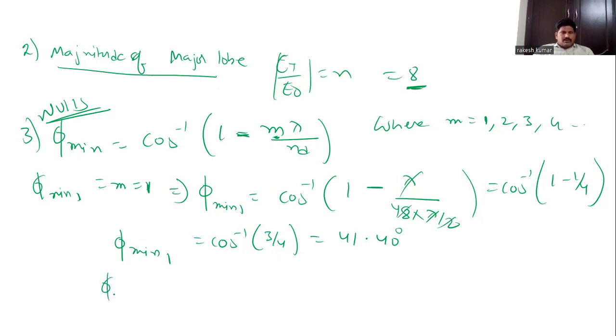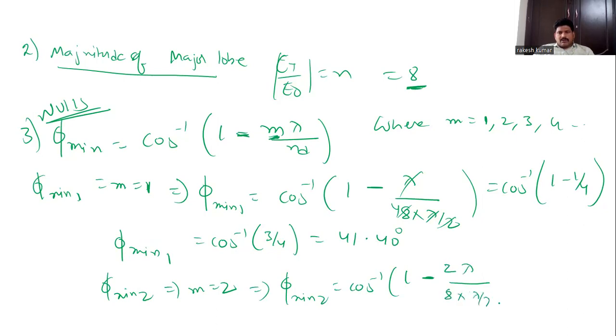Similarly for phi minimum 2. What is the value of m? M is equal to 2. So simply substitute here. Phi minimum 2 is equal to cos inverse of 1 minus 2 lambda by, what is the value of n? N is 8, into the value of d, lambda by 2.